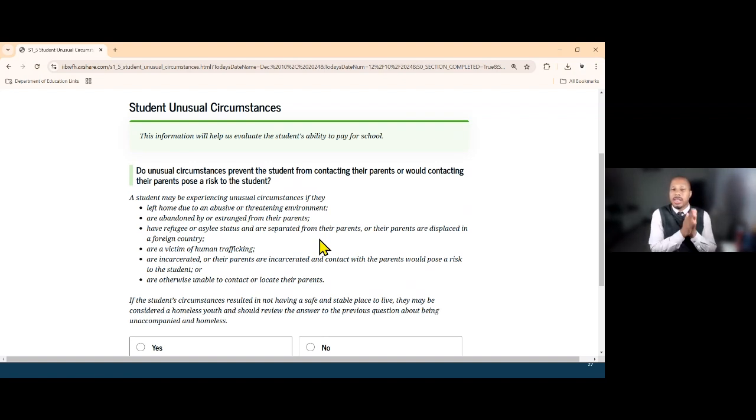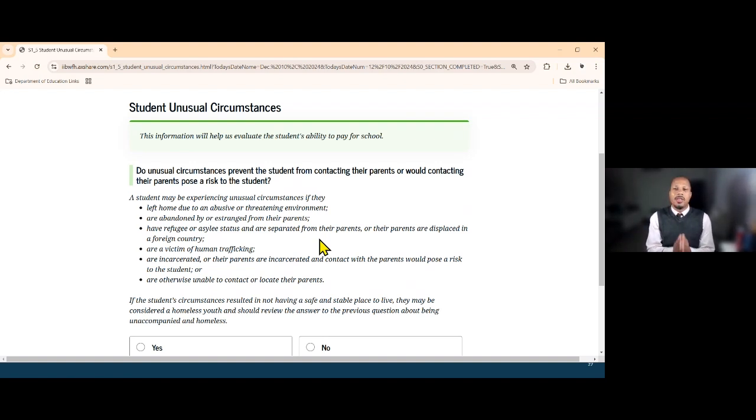If you experience any one of these things, you're going to hit yes, and you will be placed in what's called a provisional independent status. The same goes if you are considered a ward of the court and so forth. Provisional independent status just means we're going to place you in the bucket of independent status, and you don't have to add information about your parents. You can continue to complete the FAFSA form, but your information will be verified.